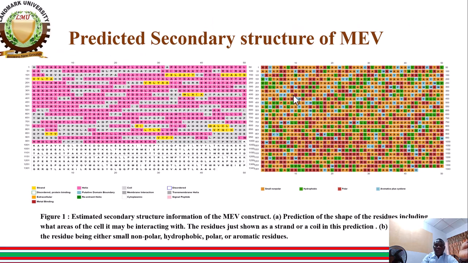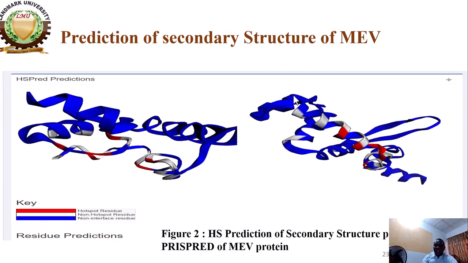And this is the predicted secondary structure of the multi-epitope vaccine. This one is the result of the secondary structure prediction using PSIPRED of the multi-epitope vaccine protein.